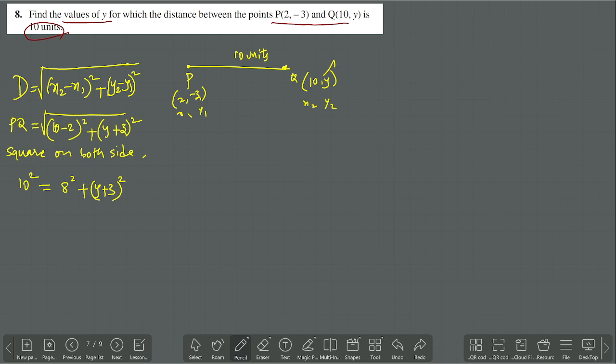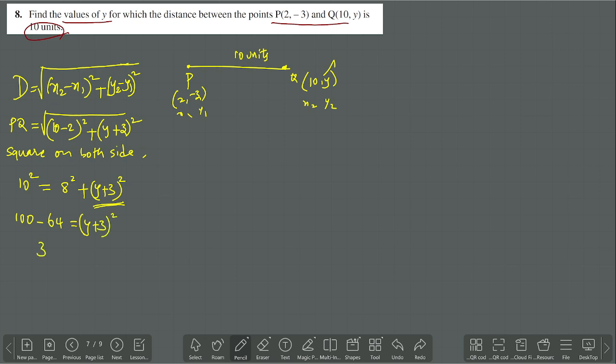It will take time. Here we don't have any other variable, only y is there. There is no other term. So easily we can simplify: 10 square is 100, 8 square is 64. When I bring it opposite, 100 minus 64, which is equal to (y plus 3) whole square.